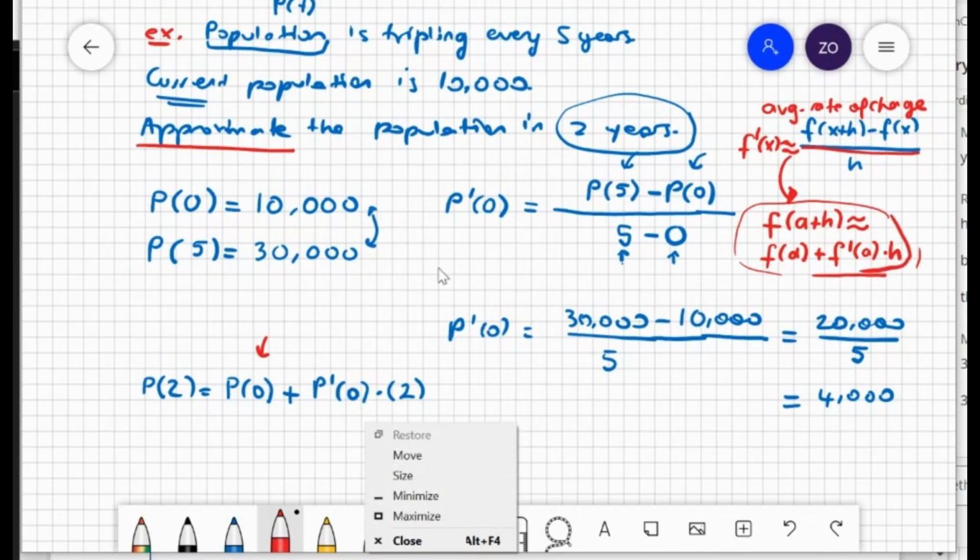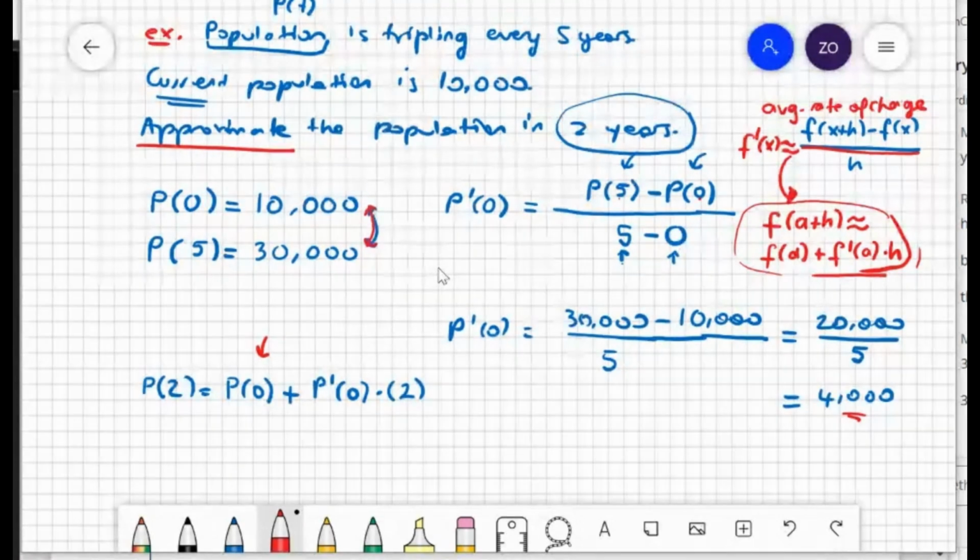Okay, so if you come back to this question, we know that the population triples every 5 years. So after 5 years, the change in the population will be 20,000. And if you divide it by 5, you will find 4,000. So every year it's going to increase 4,000. So we just use this formula and write it for our function.